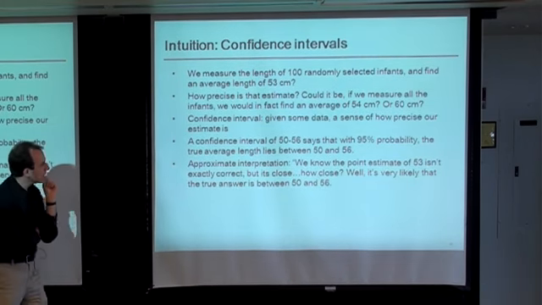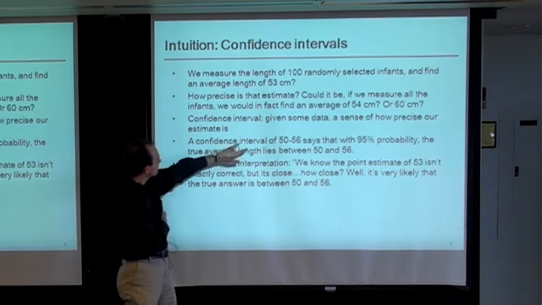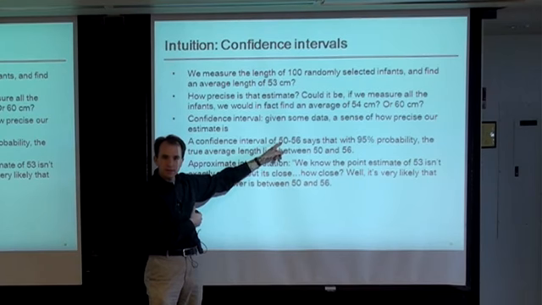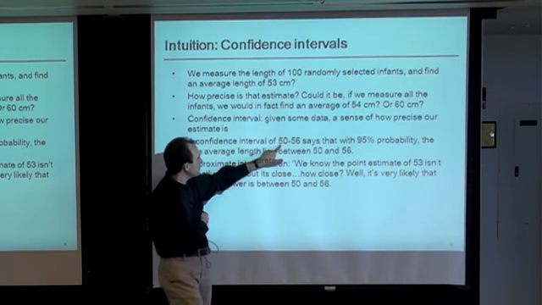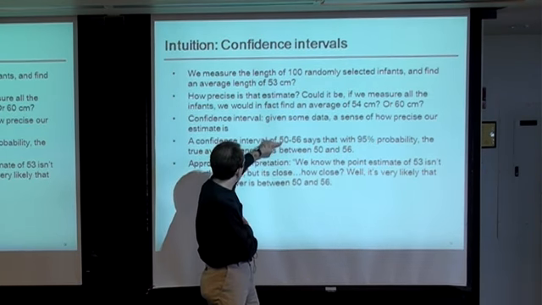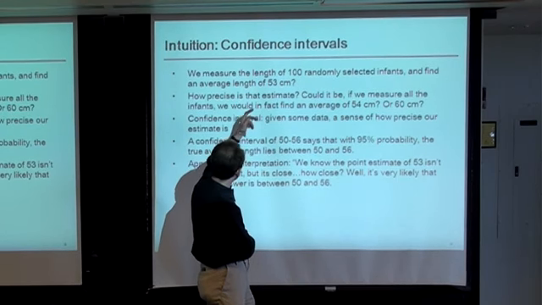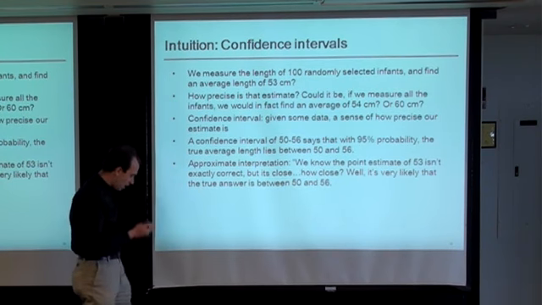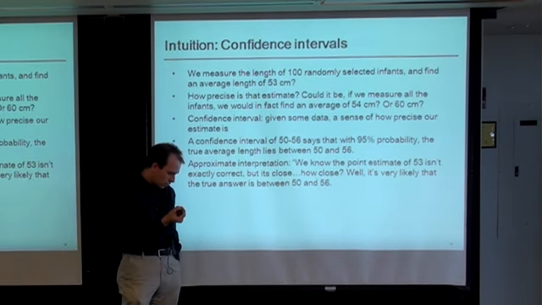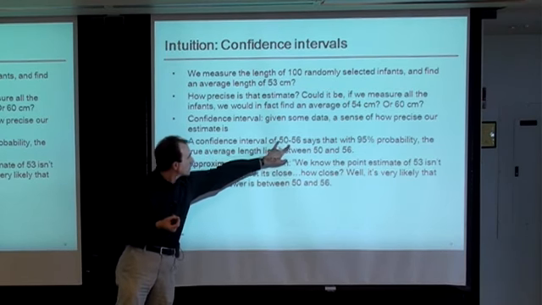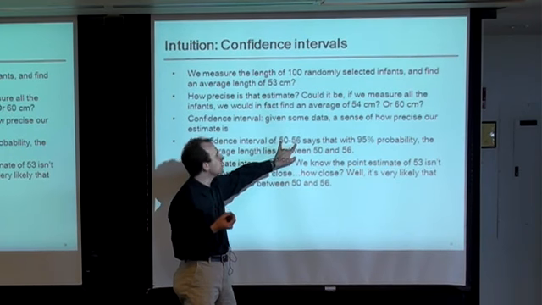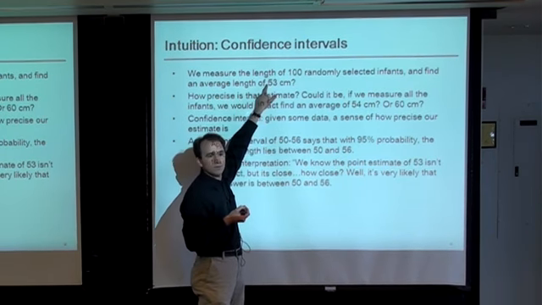And so the precise definition is that if you had a hypothesis that the true average was in this range, there's a 95% probability that you would get the data that you observe.